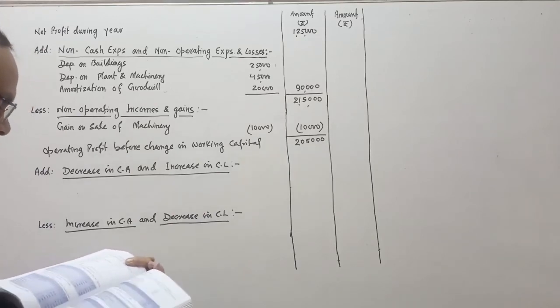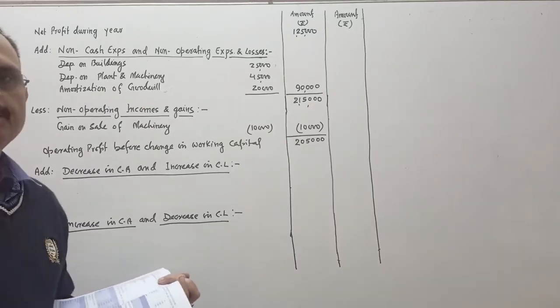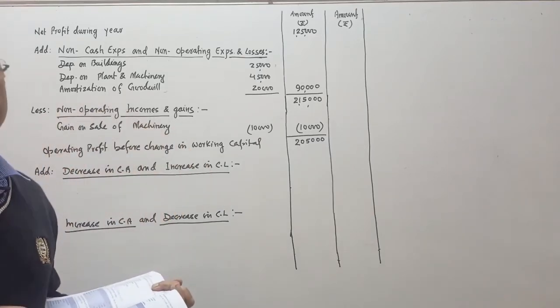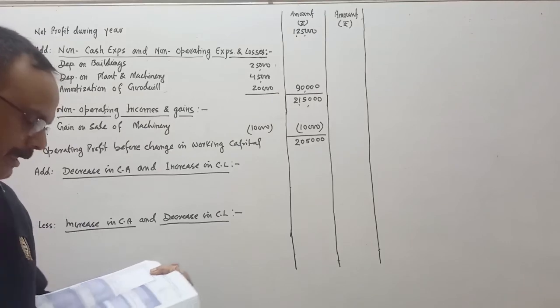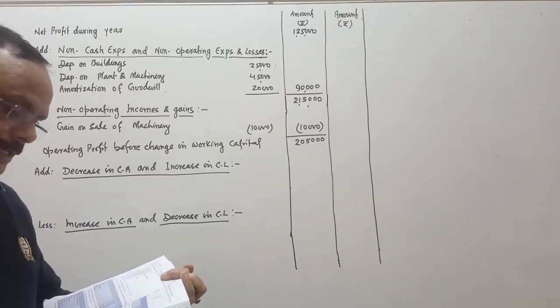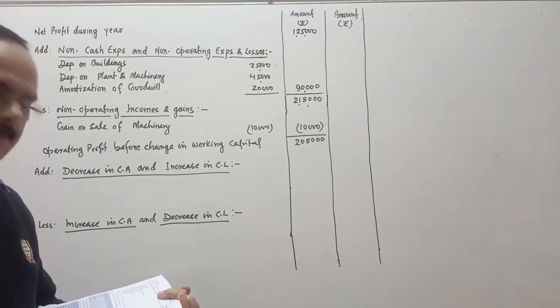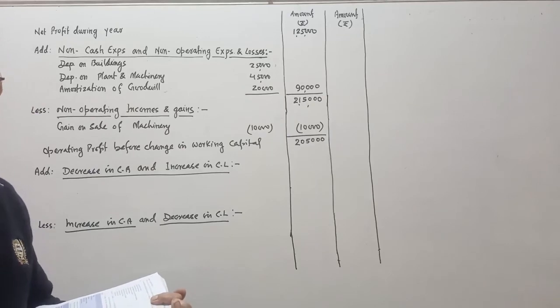Now come to the additional information. Trade receivable: as I already explained, both bills receivable and debtors come under trade receivable. It is jointly known as trade receivable. It's a current asset. Last year, in 2017, it was 35,000, and in 2018 it is 45,000. So it is increased by 10,000.